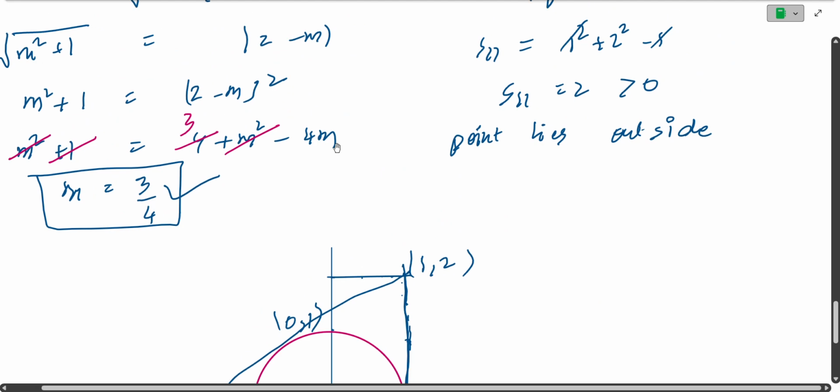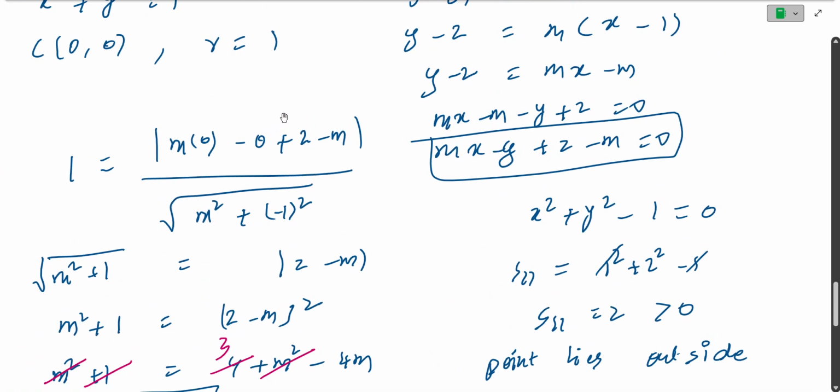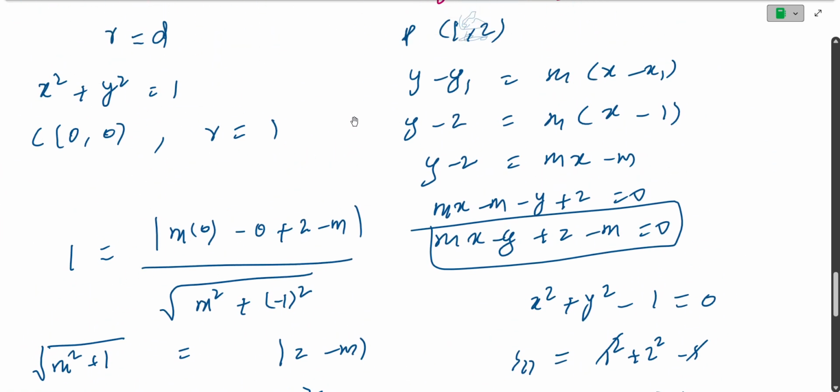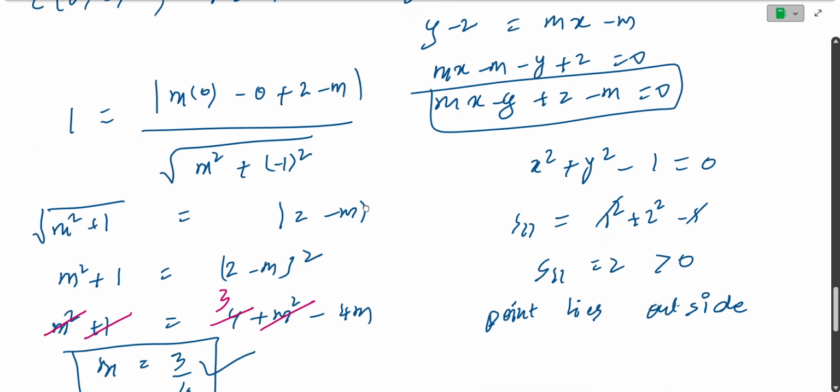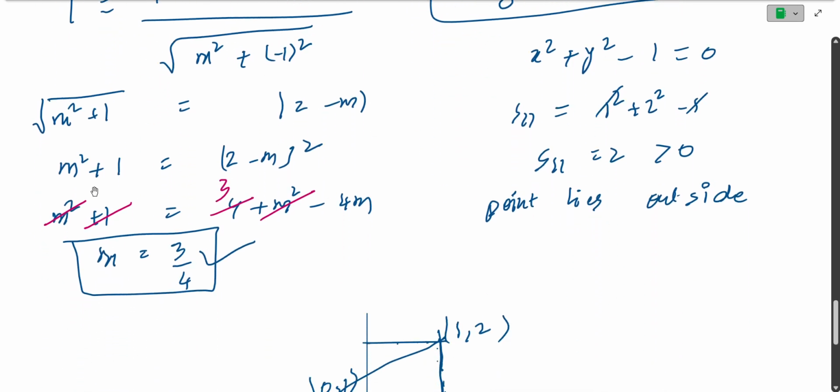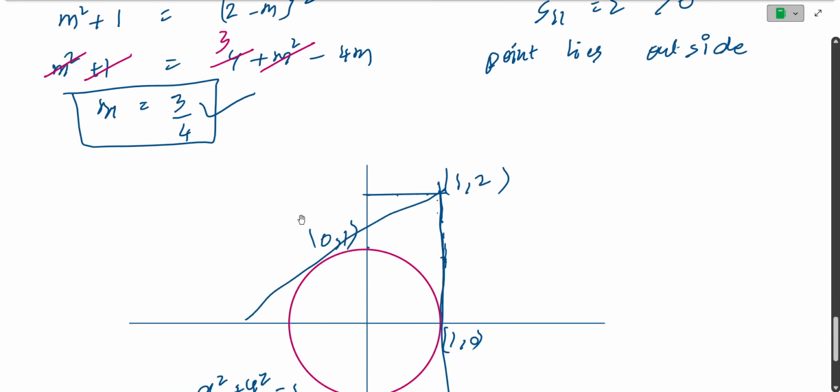Whenever you apply the condition r = d, you should get a quadratic equation in m. Instead, we are getting only a linear equation in m, so by default you understand that the slope of the other tangent is not defined.